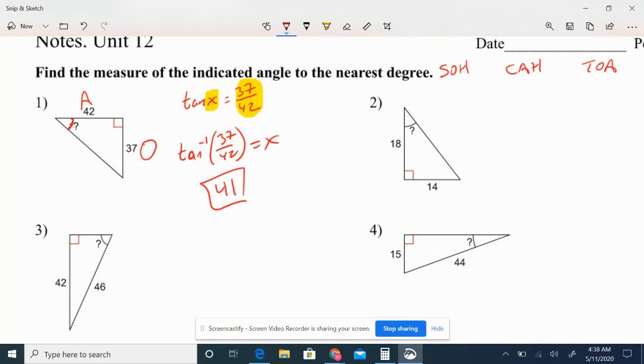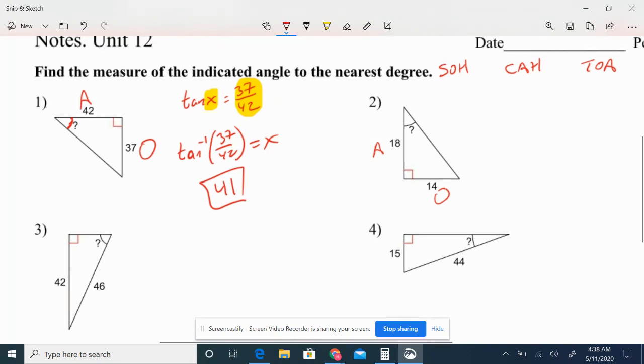That's simple. Let's take a look at question number 2. In this case, I have the opposite and adjacent. I don't have a hypotenuse. So with O and A, I know that I use tangent from TOA. I'm just going to say tangent of x is equal to 14 over 18. So tangent inverse of 14 over 18 is equal to x. Let me grab my calculator.